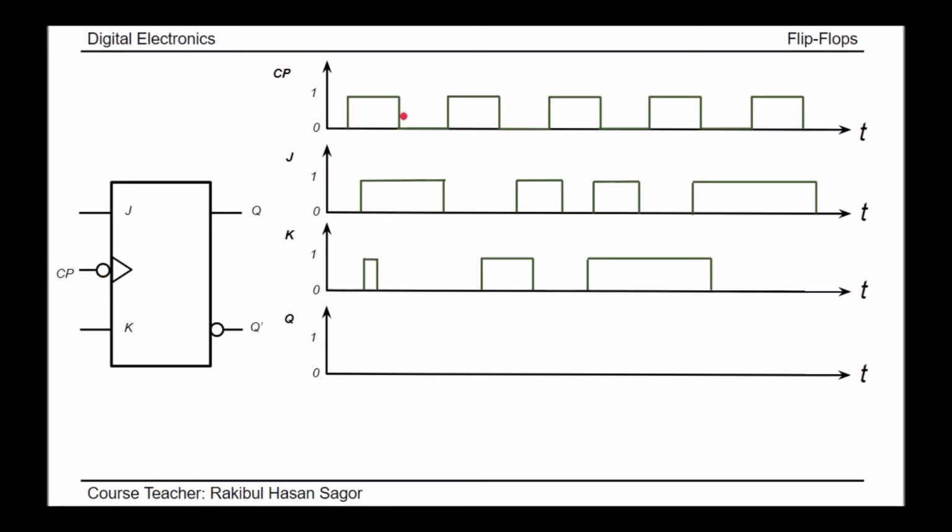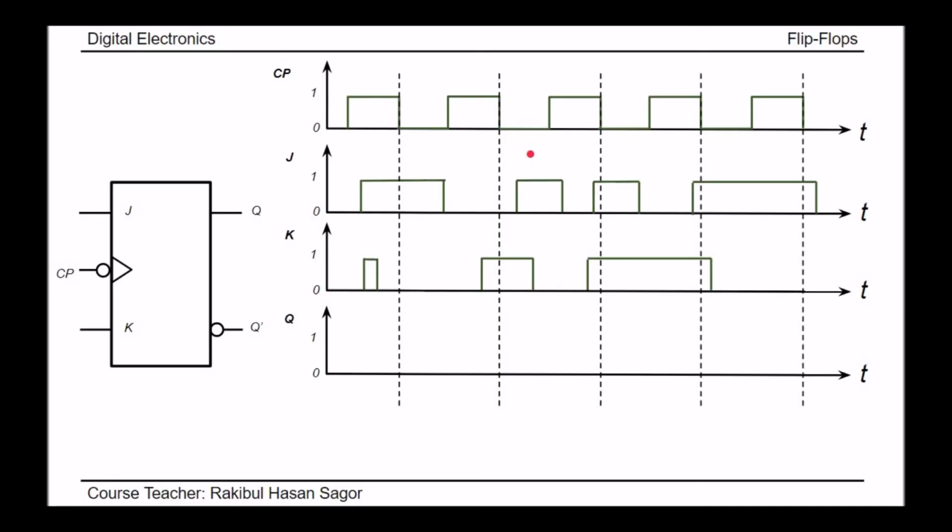So all the output states will be changed when clock pulse goes from 1 to 0, at this negative edge. Hence, we will draw lines at the negative edge of the clock pulses. So here are the lines which are drawn at the negative edge of the clock pulses.